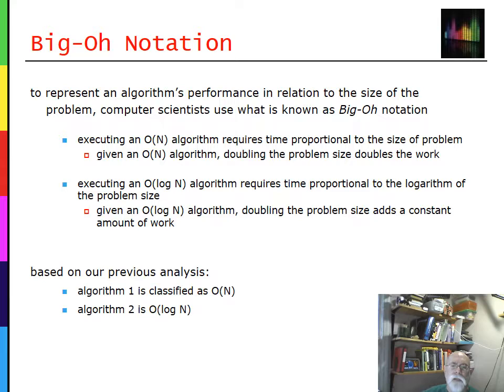So here we're looking at what is called the big O notation, and the big O of N requires time proportional to the size of the problem. The big O of log N requires time proportional to the log of the problem size. So algorithm 2 is a log N big O problem.